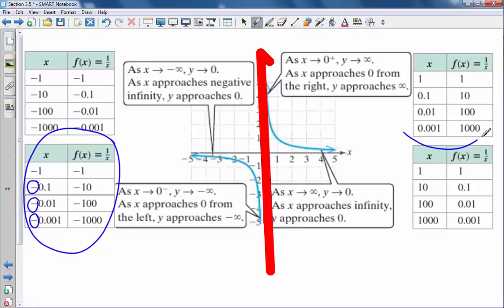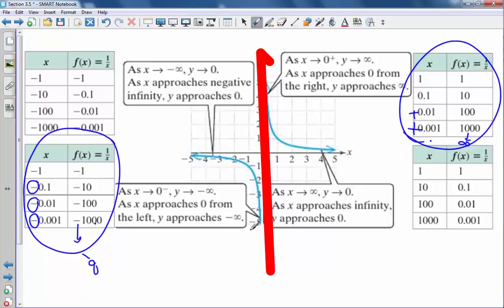And the right side of 0, positive, very close numbers to 0. And your function values are rising and rising for the right side, and sinking and going further down, bigger negative numbers, when you're on the left side.